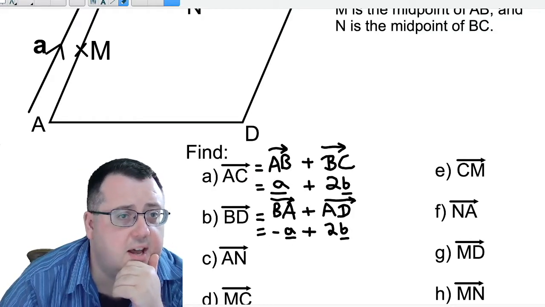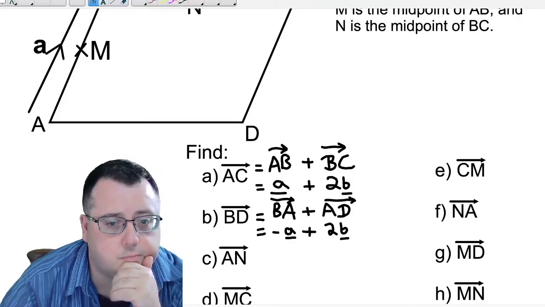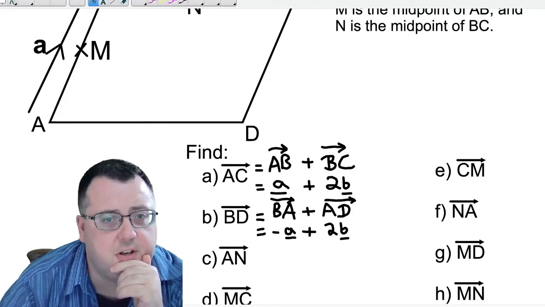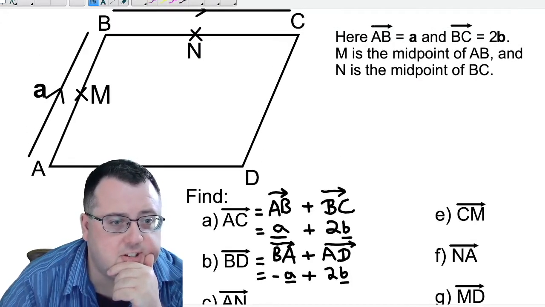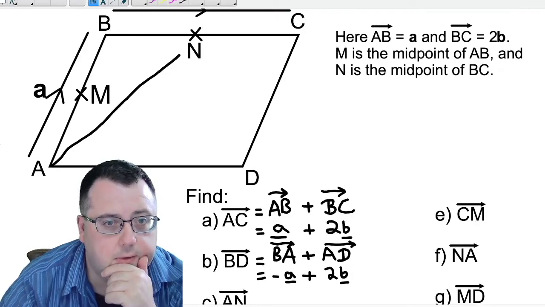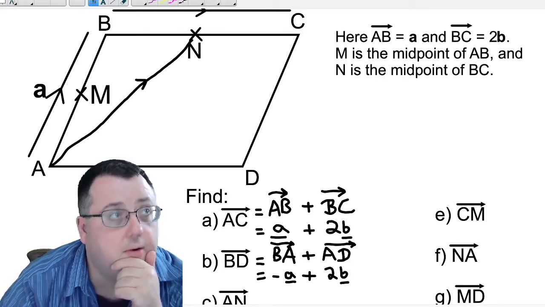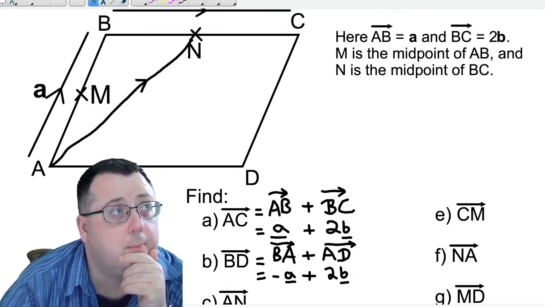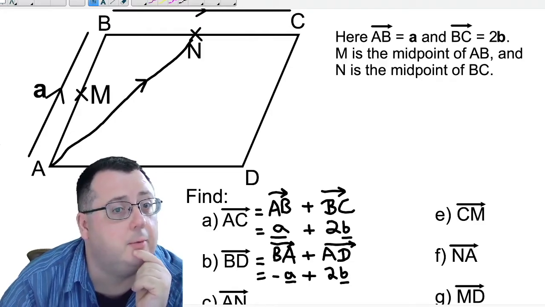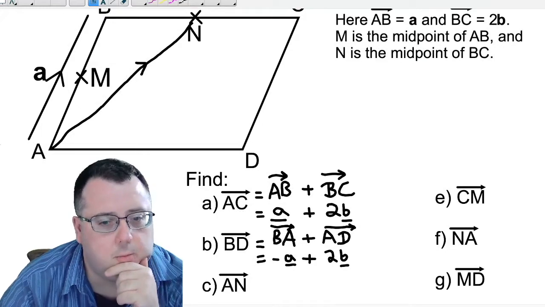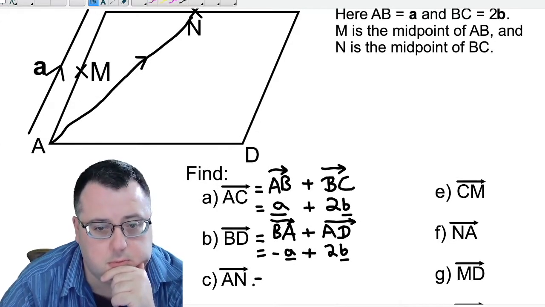The next one is A to N. So if I want to go from A to N, I'm going along this line here. Okay? We can't go directly A to N, can we? No. What's the correct route?